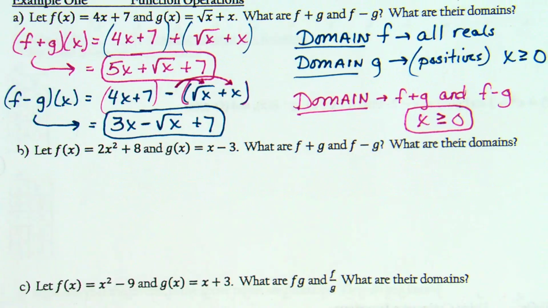Let's try B then. f of x equals 2x squared plus 8. g of x equals x minus 3. f plus g, f minus g, and their domains. I almost wonder if I should have skipped this one. Oh well. It's good practice.